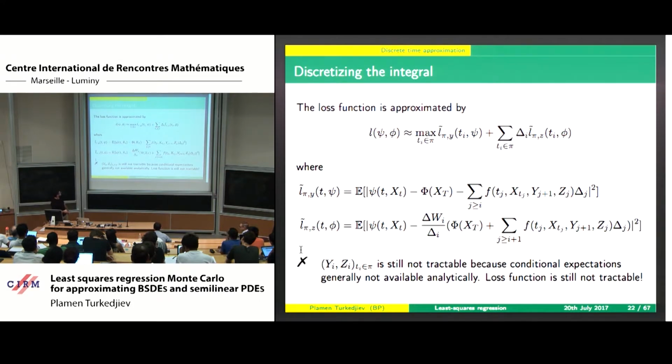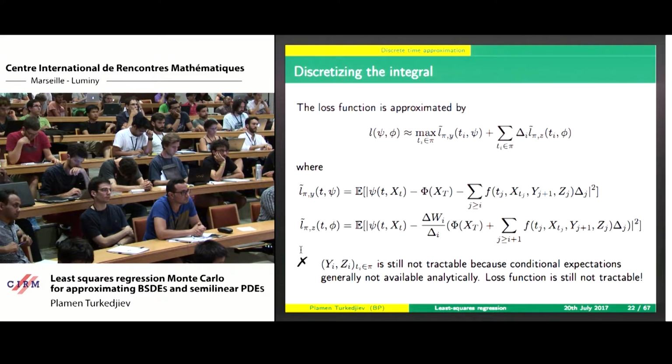Okay. So now what are we going to do? We're going to update our loss functions. So remember what we're trying to do: instead of finding minimizing functions against Lebesgue integrals, we're just going to try and find minimizing functions with respect to these discrete sums. Okay?